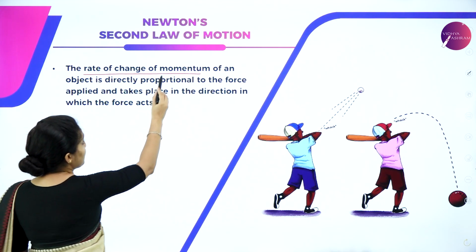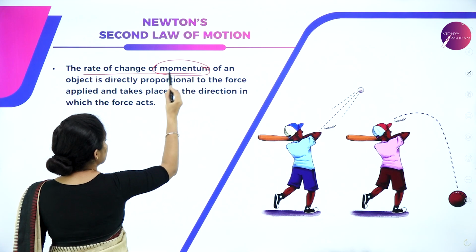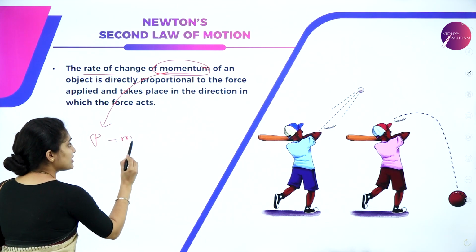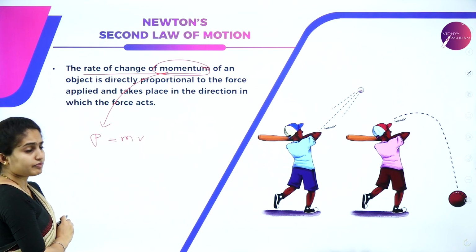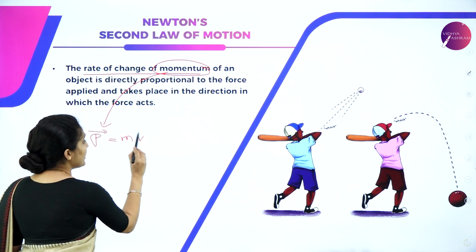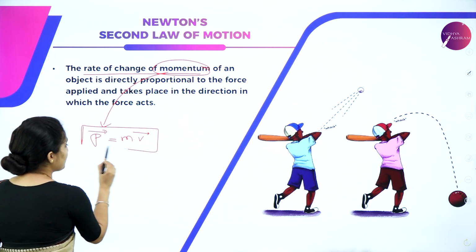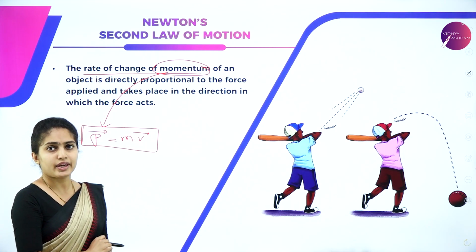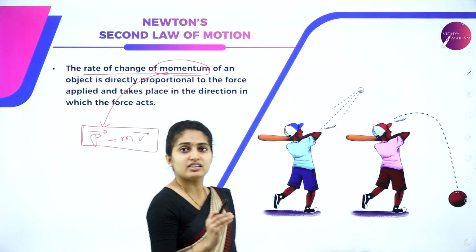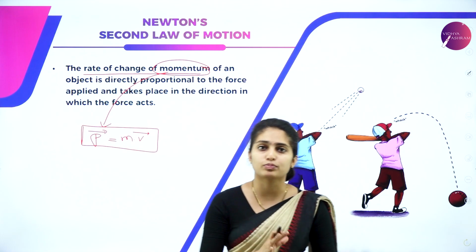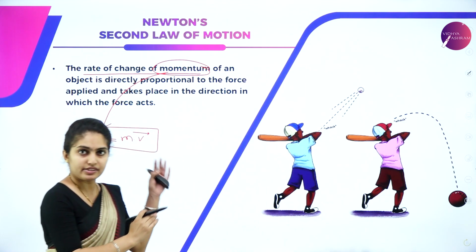Momentum is a product of mass into velocity. It is a vector quantity, and we have velocity as a vector quantity, so this equation is said to be balanced. Momentum is the concept of imparting velocity to an object. Now let us read.